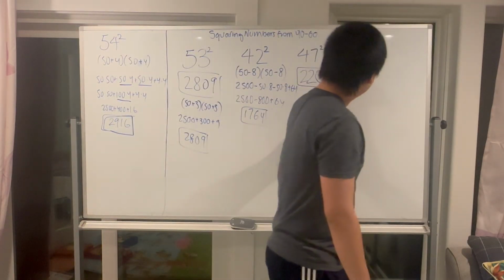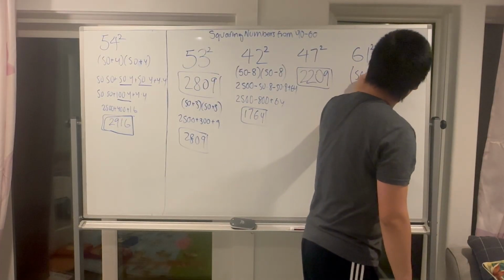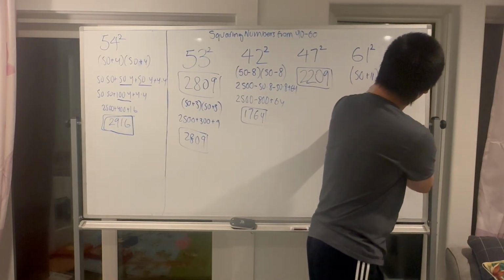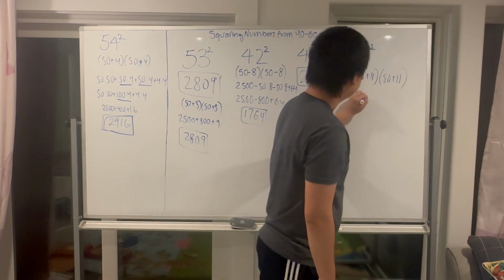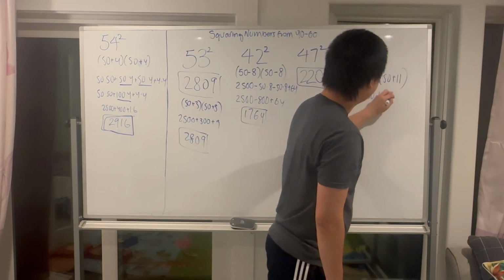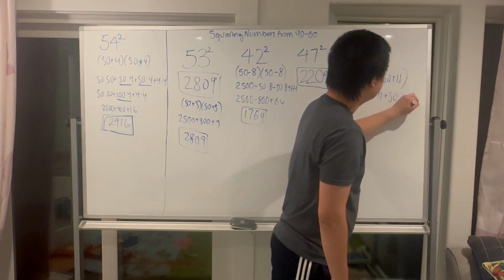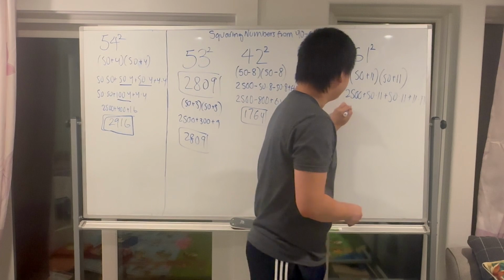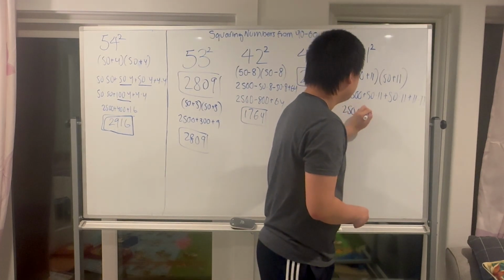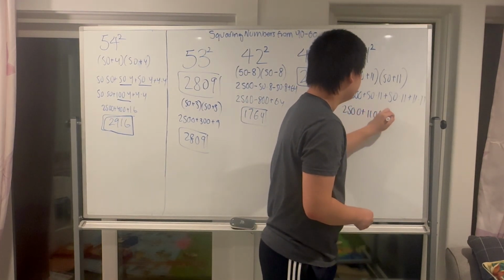Well, we're going to write 50 plus 11 times 50 plus 11. This gives us 2,500 plus 50 times 11 plus 50 times 11 plus 11 times 11. And this gives us 2,500 plus 1,100 plus 121.